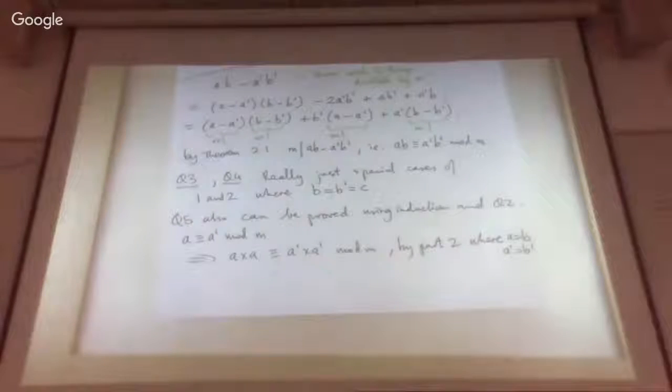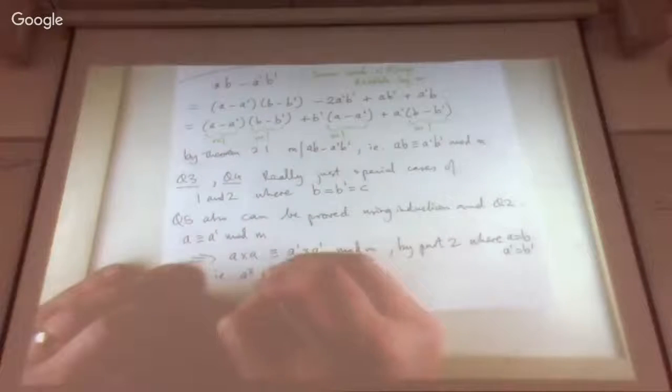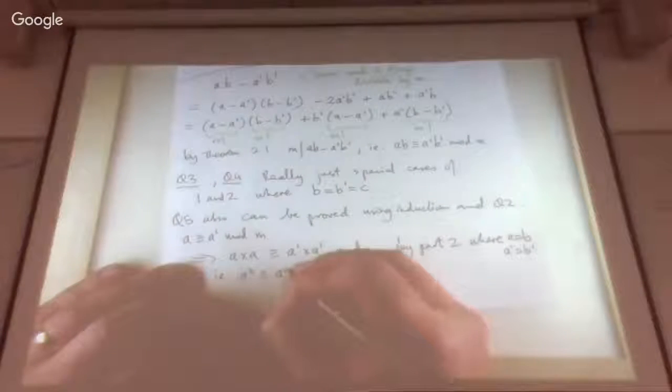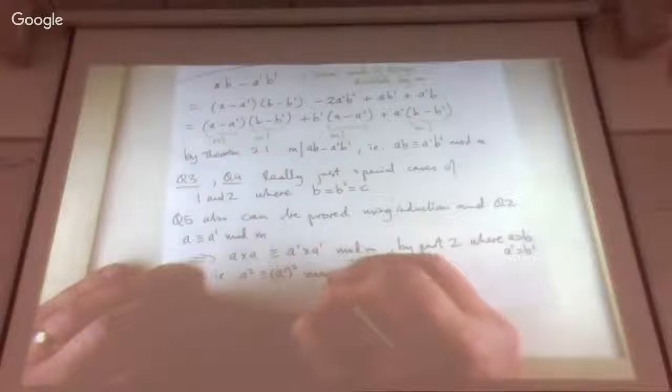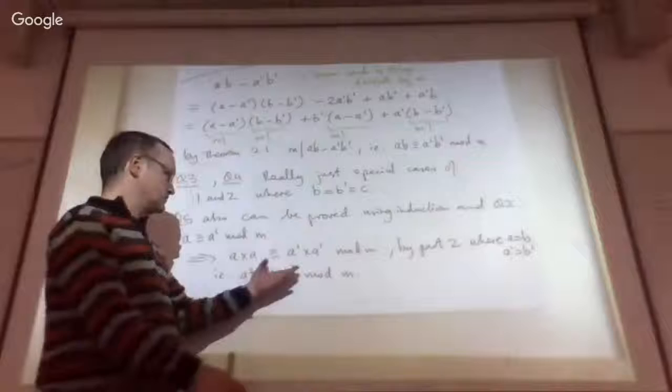It's a special case of part 2, and that is, of course, A squared congruent to A prime squared modulo n. So by one application of part 2, you get to squares.